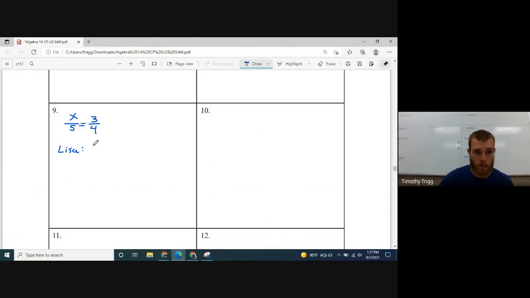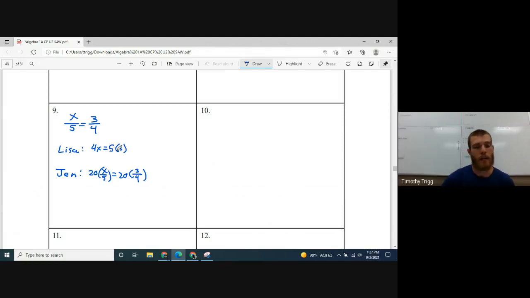And then it says Jen's first step was to write 20 times x over 5 equals 20 times 3 over 4. Will both methods work? Explain.